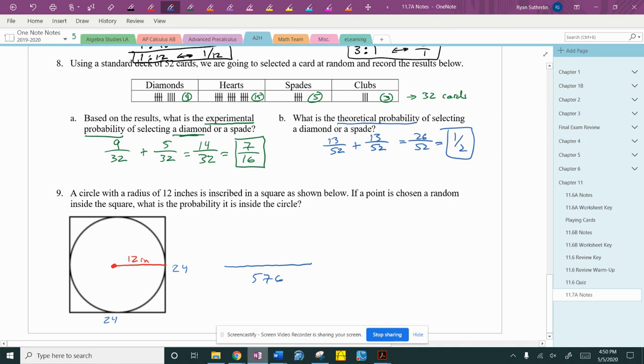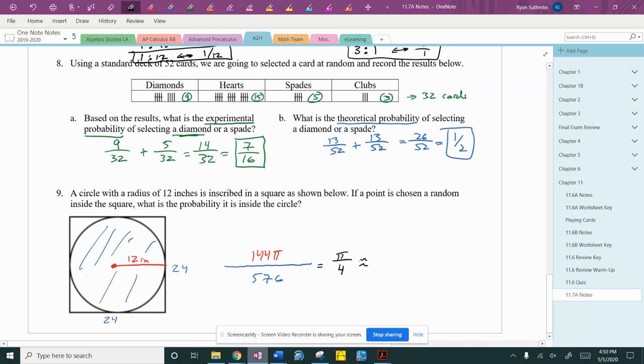Now, my chance of success, I want it inside the circle to be a success. And inside the circle, that area is 144 pi. Now, you'll notice when you put that in the calculator that because of the pi that's there, that does not reduce any. I don't think. Let me put it in. It does if we keep it exact. This is pi over 4.